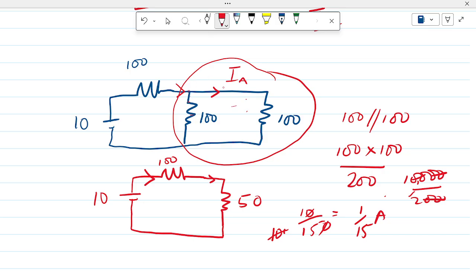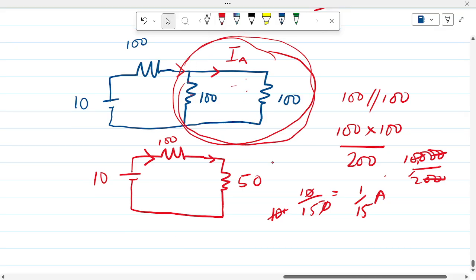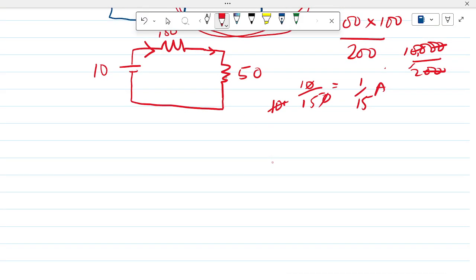So now I come back here, it means I have 1/15 amperes over here. This is just to prove the concept. Originally we had 100 and another 100 here.